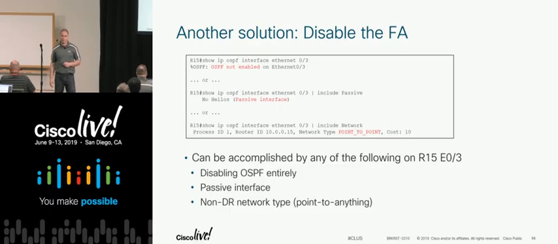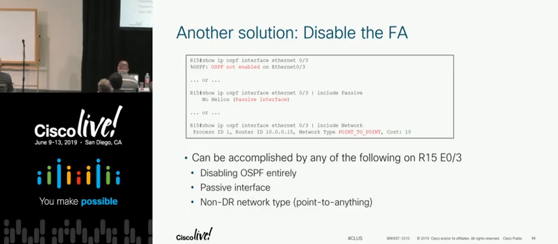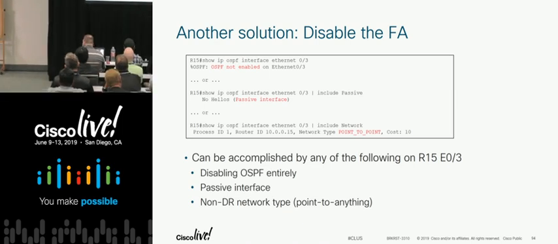Or we could make it a passive interface. It seems awkward that there's so many ways to make this not work, but most of the time, you wouldn't have OSPF enabled at all. So we can pick any of these choices. I'll do network point-to-point. Who cares? And if we make this change, we're going to see a little bit different behavior.